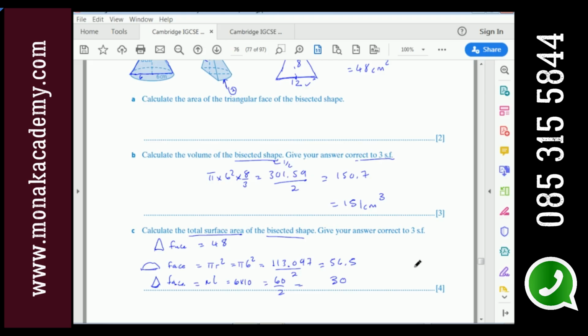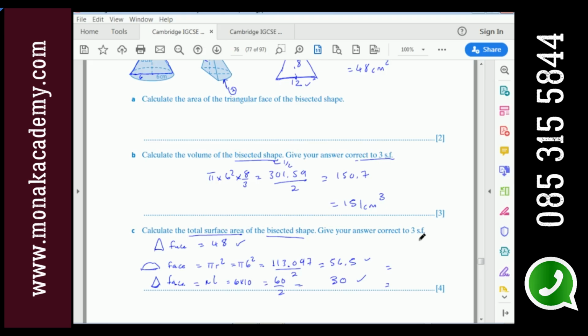At the end of the day, the total surface area of that half bisected shape will be putting all of that together. 56.5 plus 30.